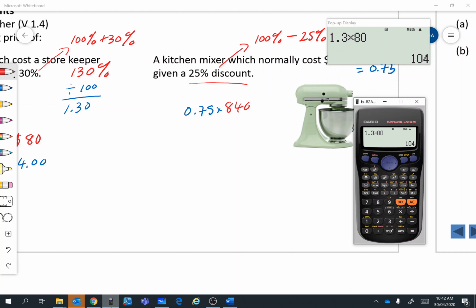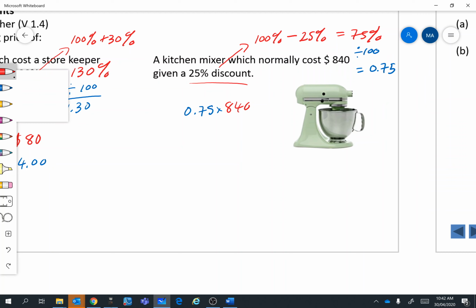Okay, so let's do that. So it's going to come down to $630.